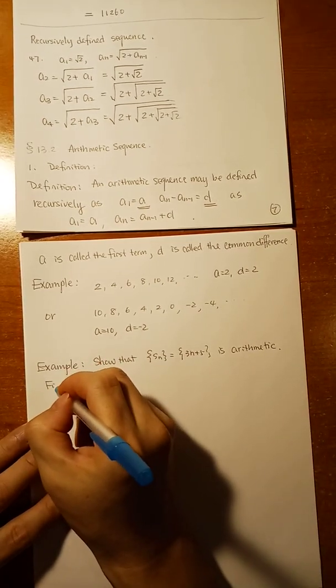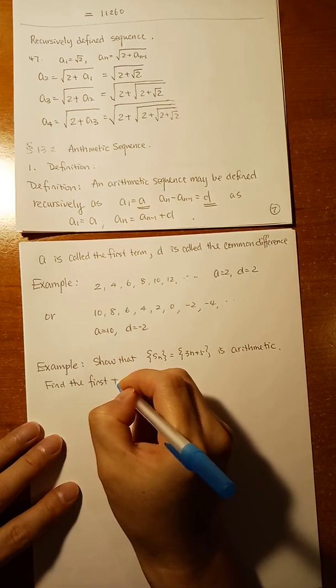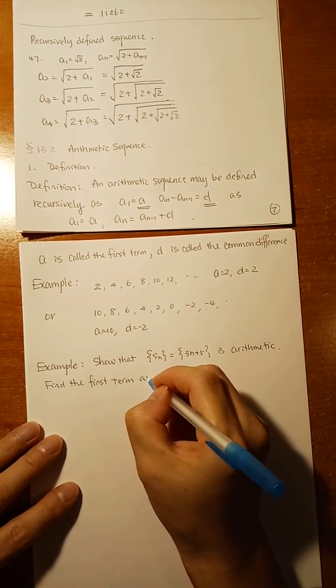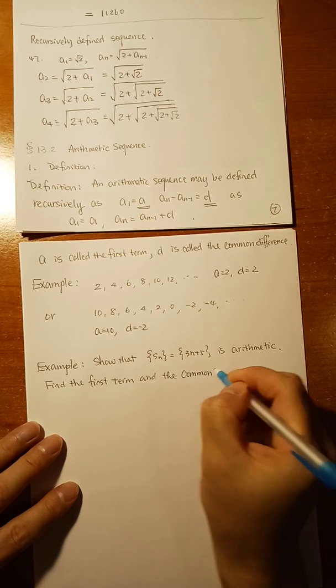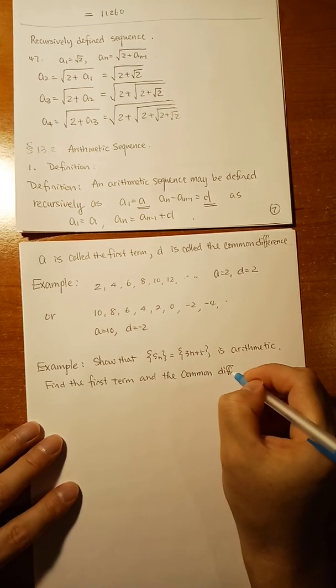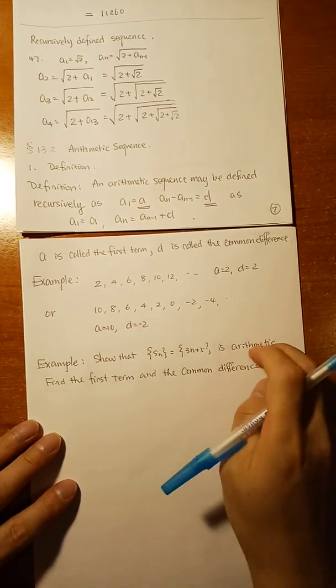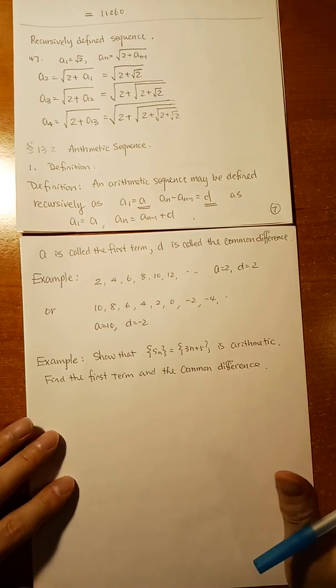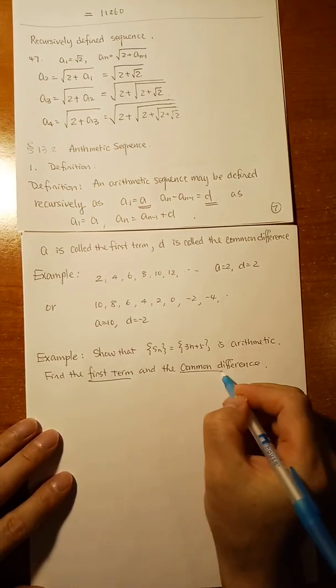Find the first term and the common difference. Those two quantities uniquely determine this arithmetic sequence: first term and the common difference.